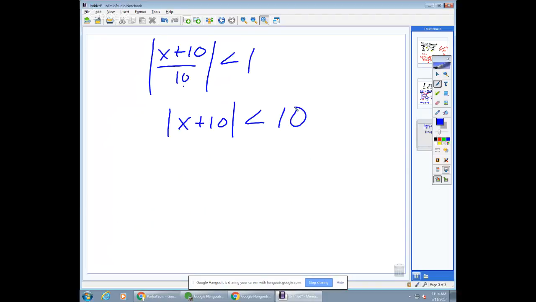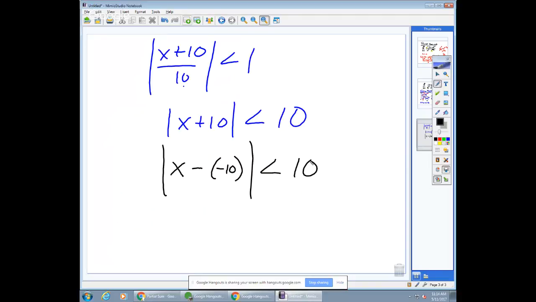I'm going to rewrite this one more time. Remember the geometric interpretation we talked about before? My claim is this is x minus -10 in absolute value is less than 10. And anytime you have a difference in an absolute value, you're talking about a distance.